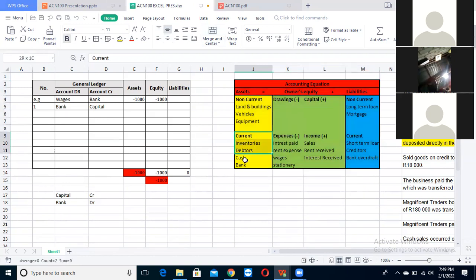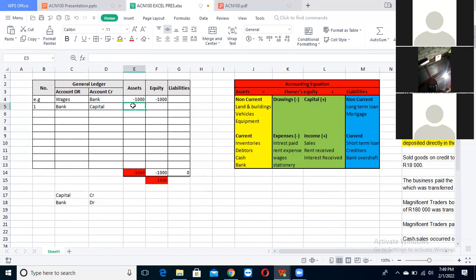So in this particular instance, we've got the bank account. What does the bank account fall on? It falls under assets and specifically current assets. So what is happening to the bank account? The bank account is receiving money. When we are receiving money, remember on the example, the bank account was giving money, so we put it with a negative sign. But in this particular instance it is the exact opposite of that.